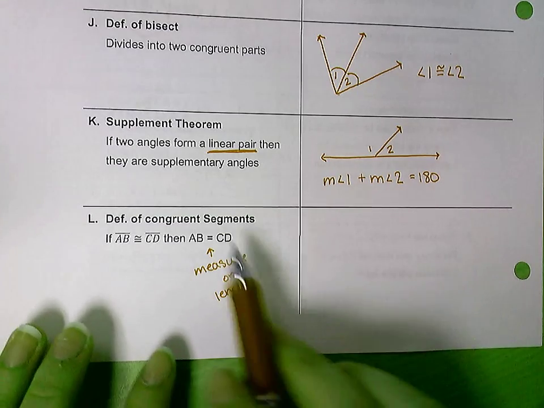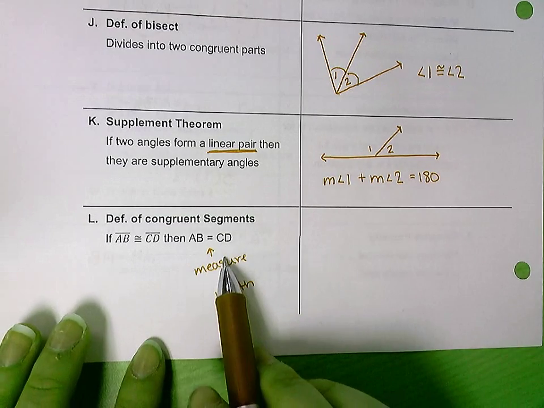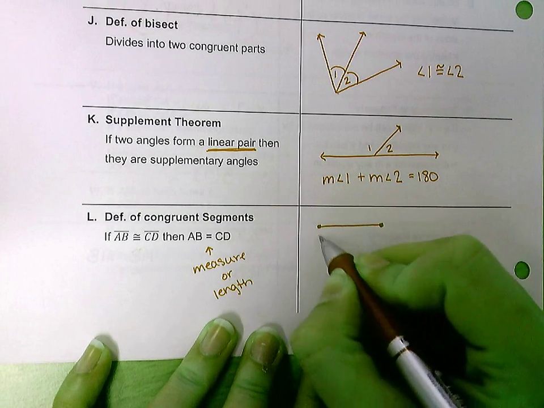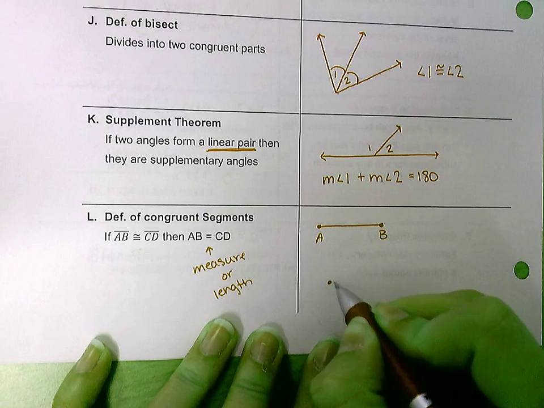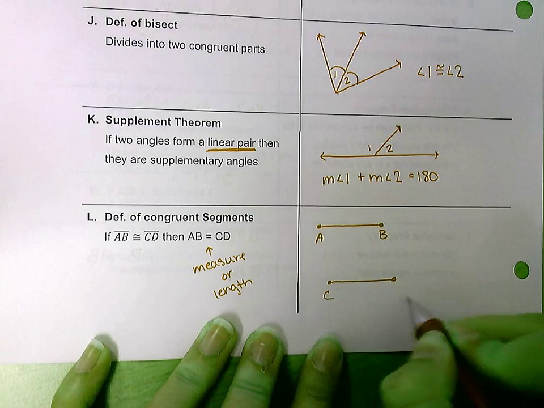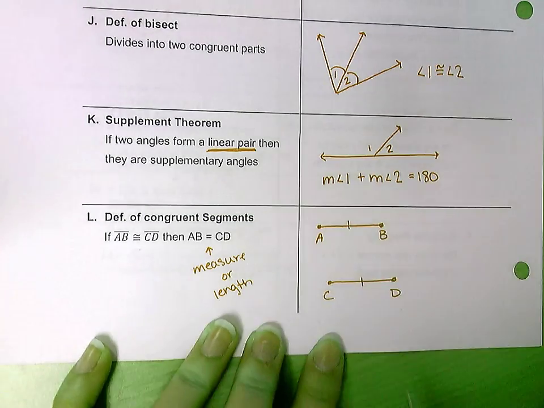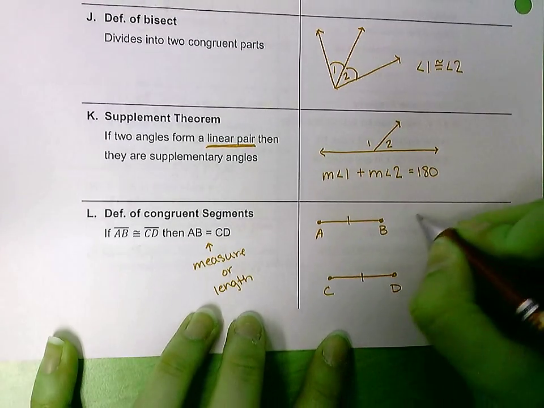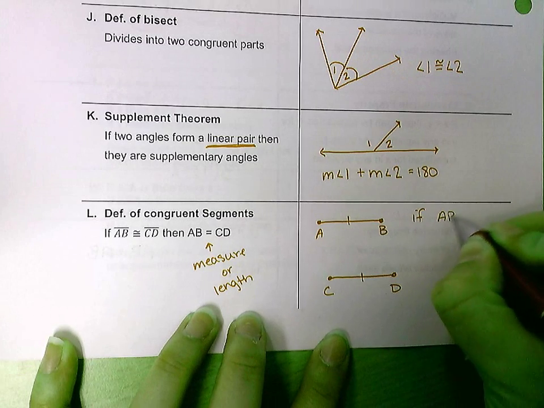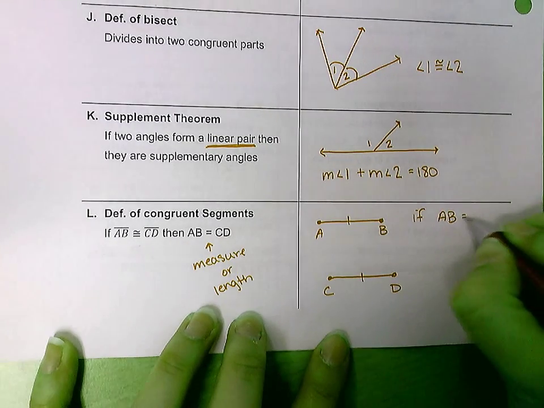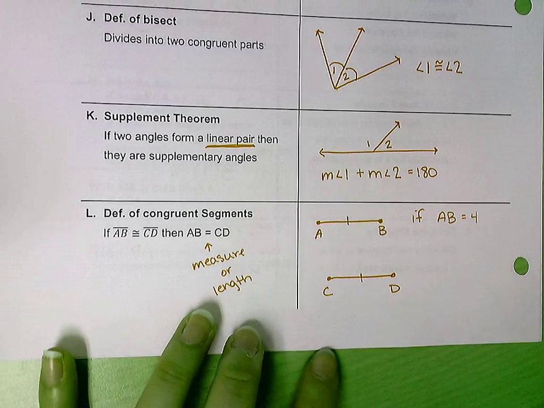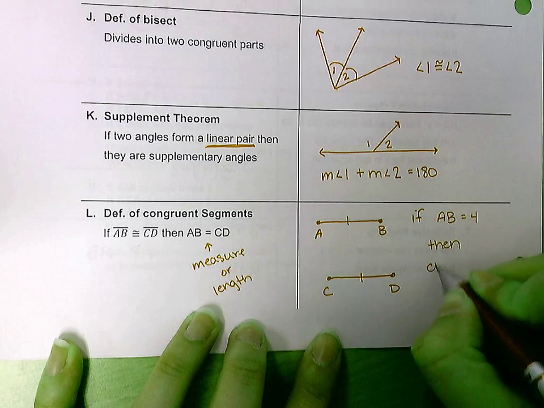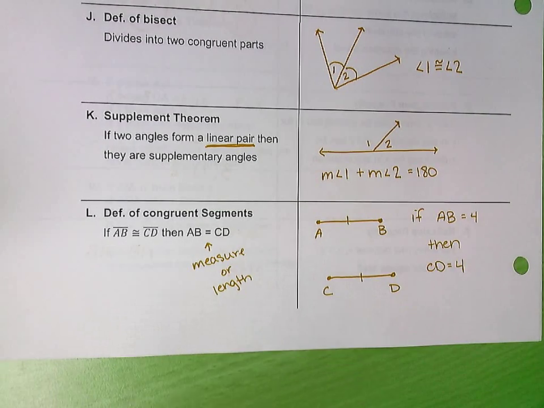So this definition of congruent segments switches back and forth. If I have my segment here, AB, and my second segment, CD, and I know those are congruent, then if I was given AB is equal to 4, since those two are congruent, I could say then CD is also equal to 4.